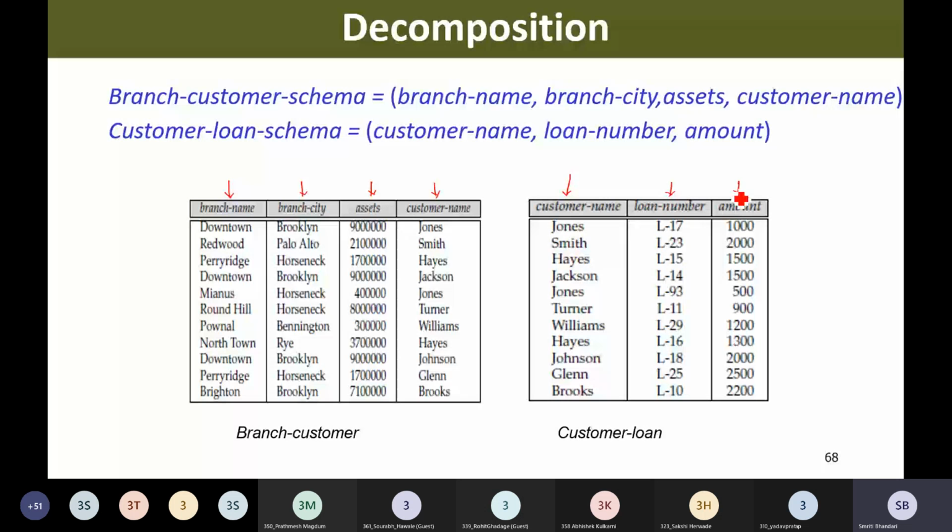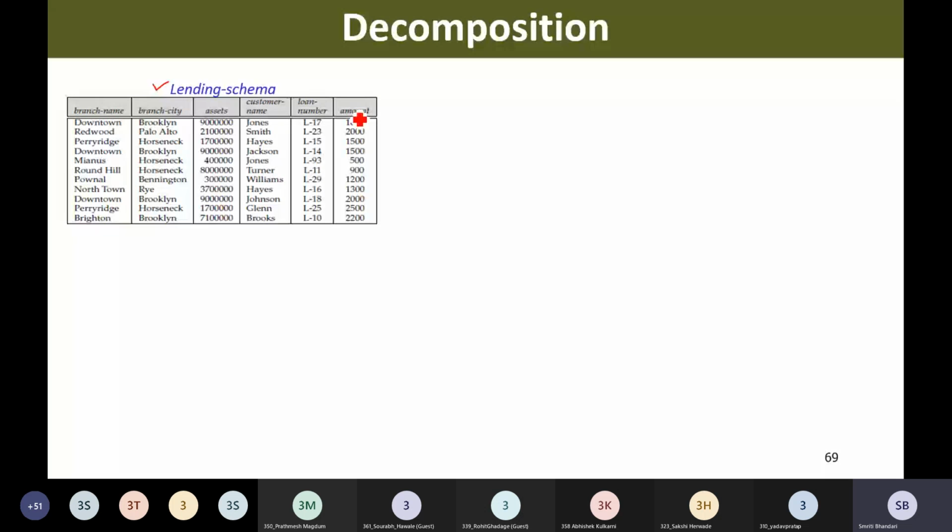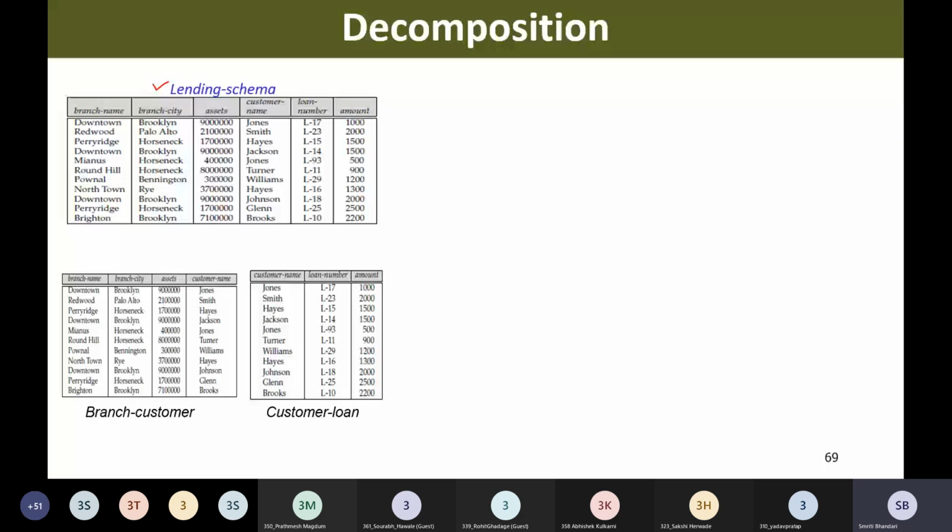Right? So what we are going to do next is, see here, we have the original instance of the lending schema with 6 attributes, and we have this decomposition wherein the original relation is decomposed into two relations, branch customer and customer loan.